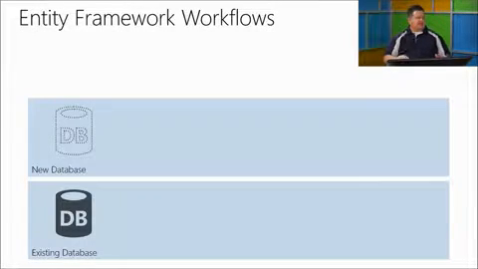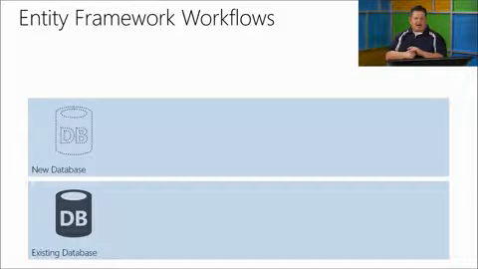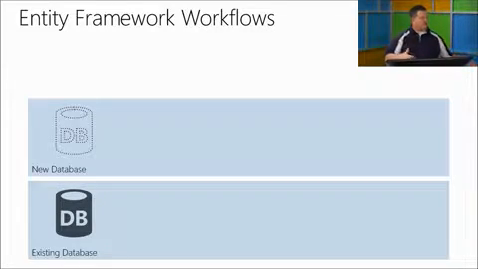First of all is, do you have an existing database or do you need to create a new database, right? So you're going to want to answer that question ahead of time. And it kind of depends on who you are in the organization or what your organization is. If you have DBAs and they're making the databases with formal SQL scripts and all that kind of stuff, and you can't go tweak the database, then you've got an existing one.